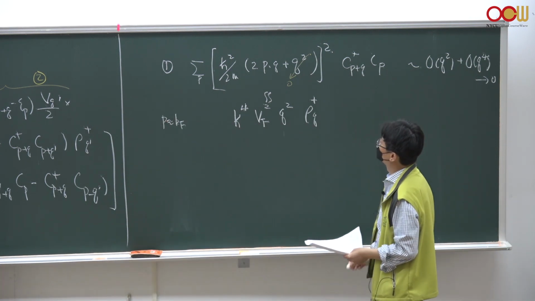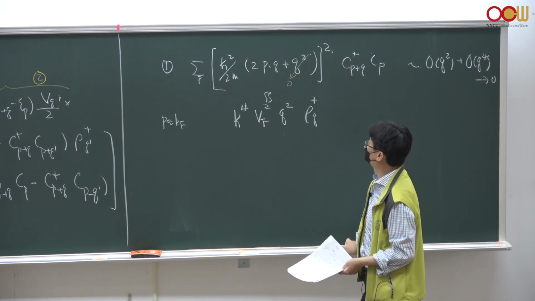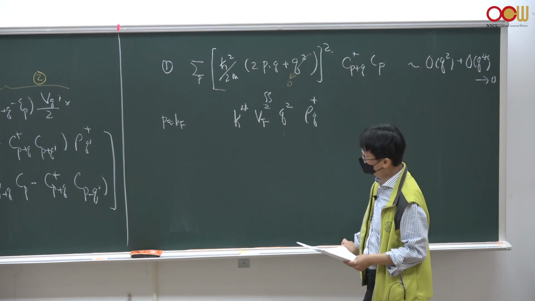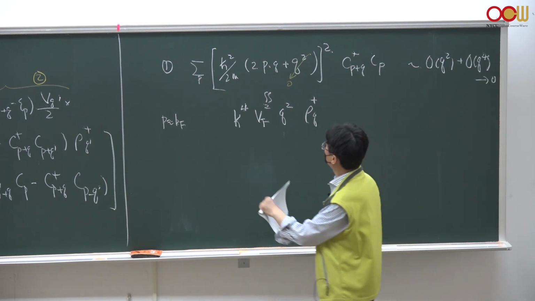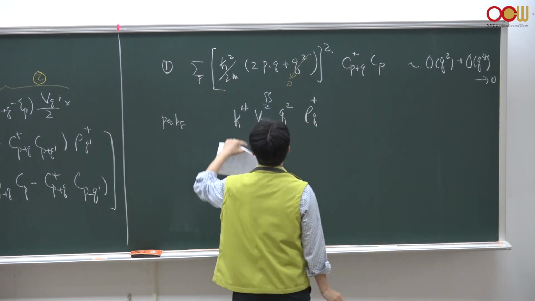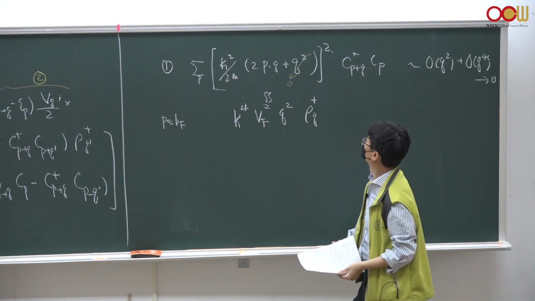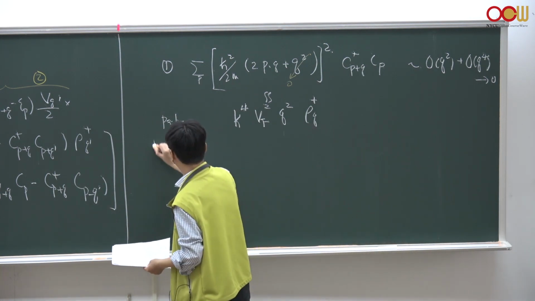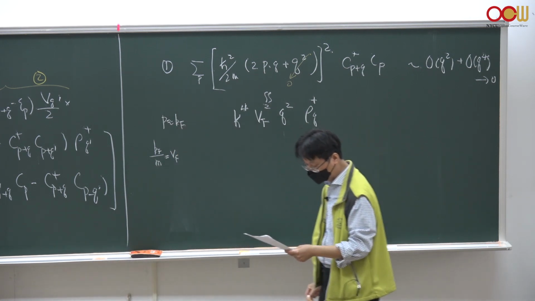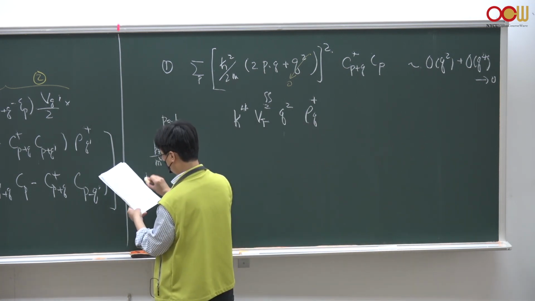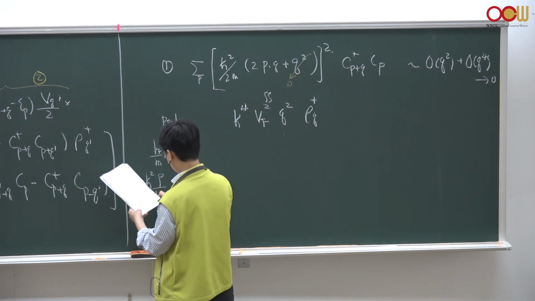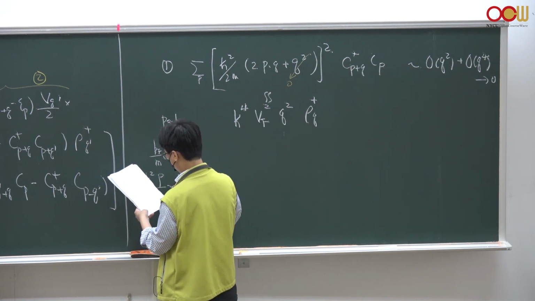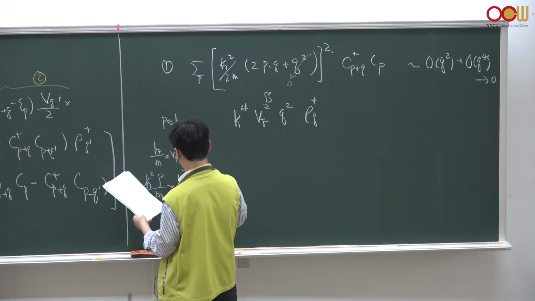So we could convert this P squared to Kf squared, and we could convert Kf over m into the Fermi velocity. This is an approximation: h bar squared P over m is approximately h bar squared Vf.